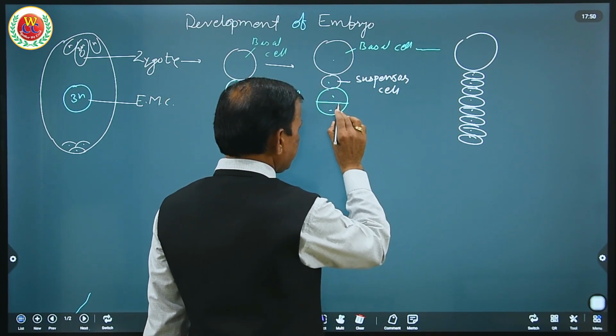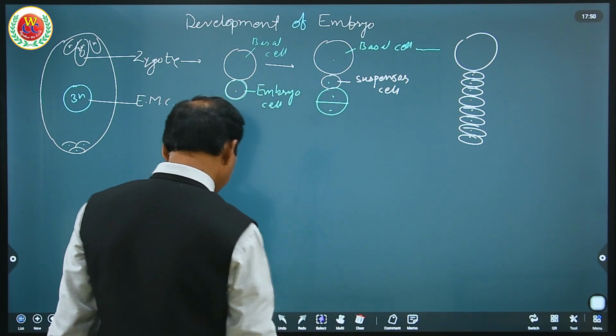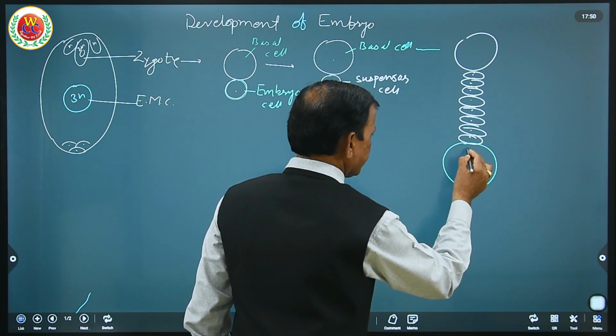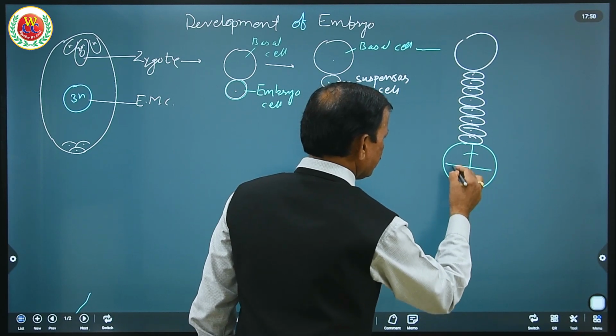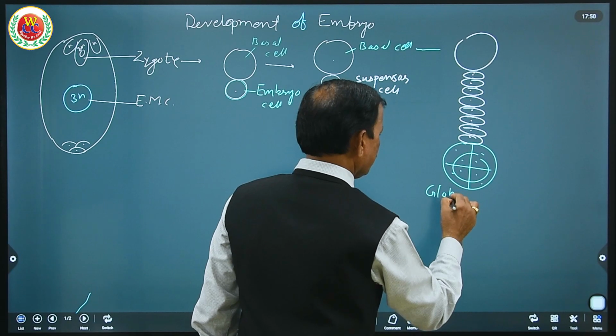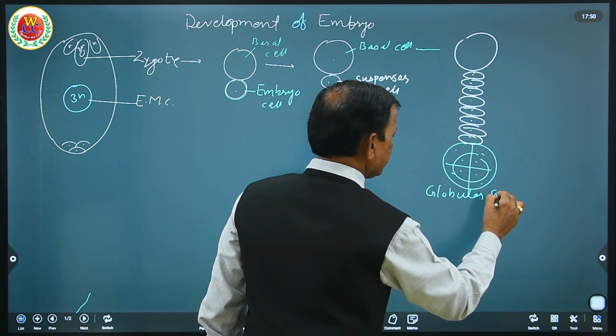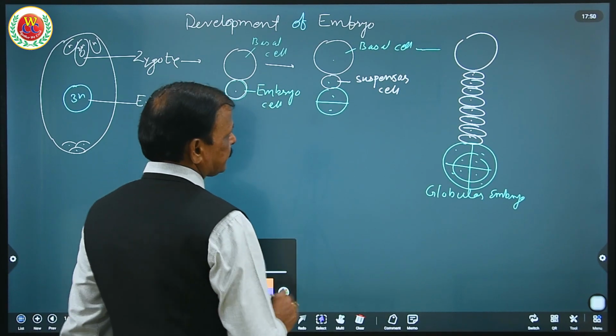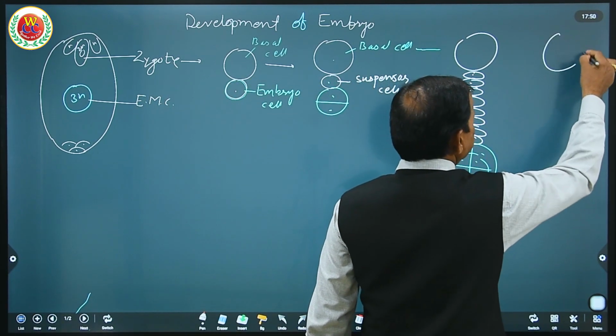Now this embryo proper cell also divides and redivides to produce a large globular embryo. So here this is a globular embryo. Again the basal cell remains a large cell to push that embryo deep.